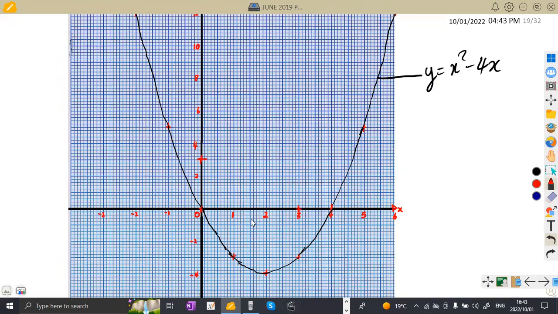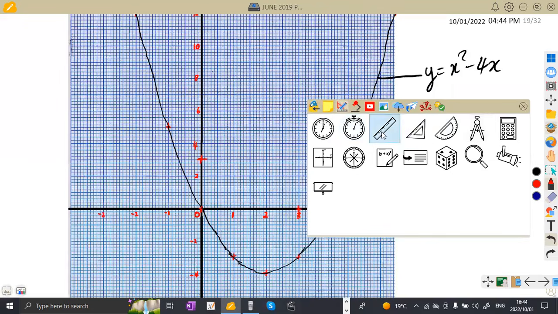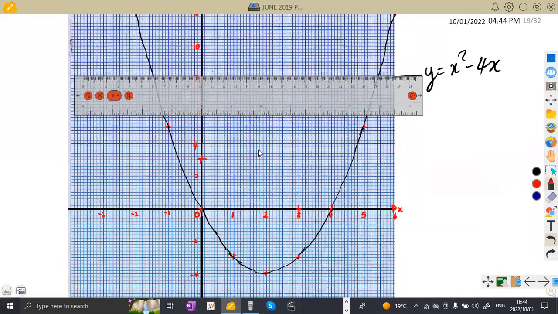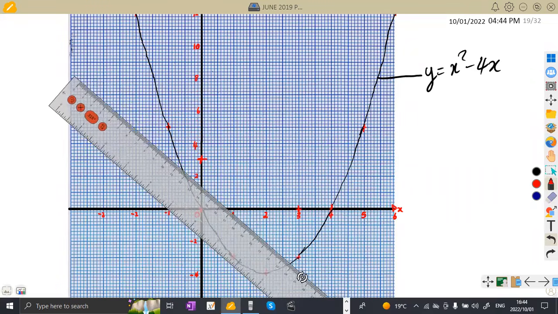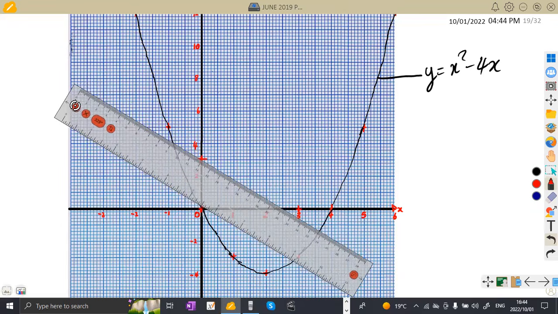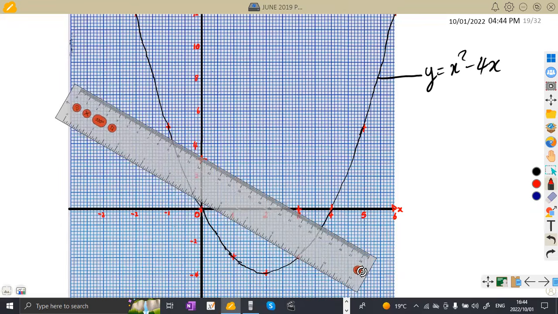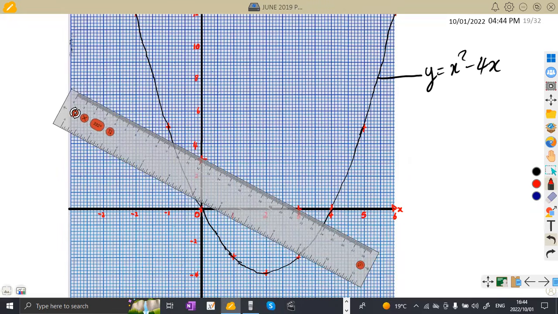All right, with the 2 points, I'm going to join them. They are enough. Or you can use table of values, guys. You're not limited. You can use table of values, whatever that is faster for you, because this is exam. So remember, we need 3, 0 here and 0, 3 somewhere here. All right, so something like this.